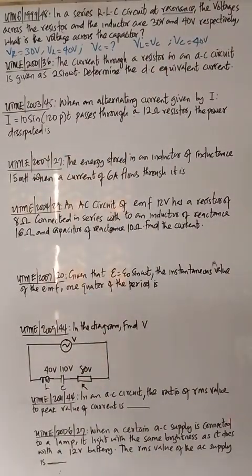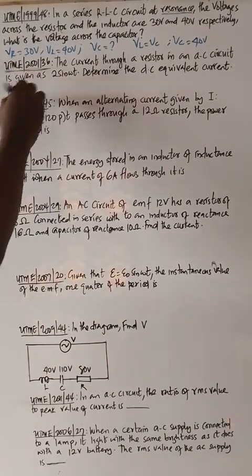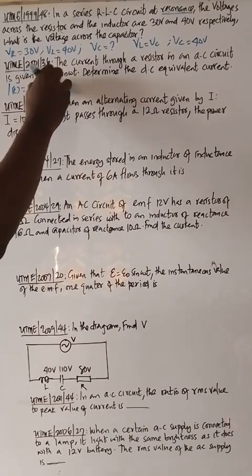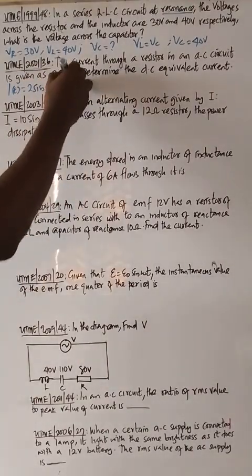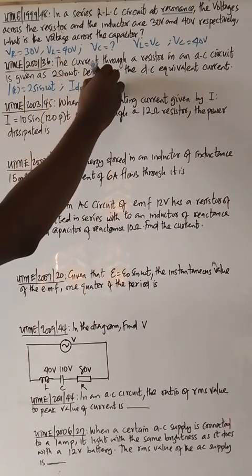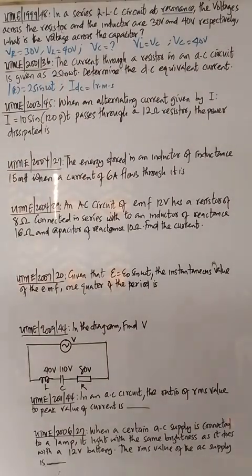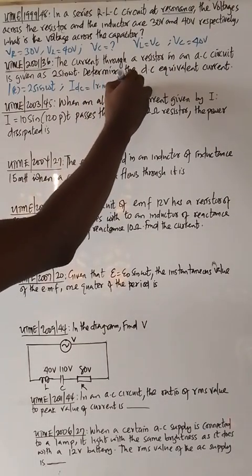As simple as that. Next, the current through a resistor in an AC circuit is given by this. So AC current I(t) is what? 2 sine omega t. Question, determine the DC equivalent current. Note, when I started lecture, I told you IDC equals IRMS. So in short, you are looking for the RMS. And what's IRMS? I naught over root 2.